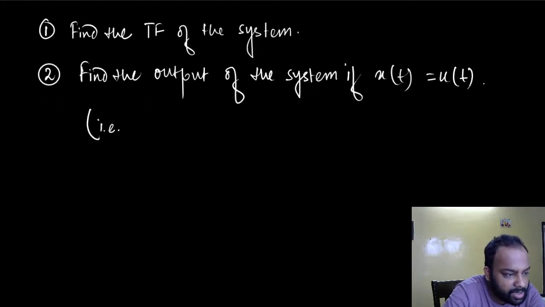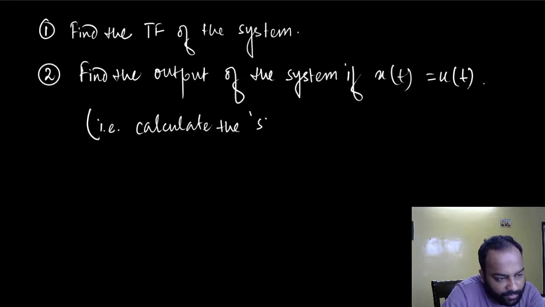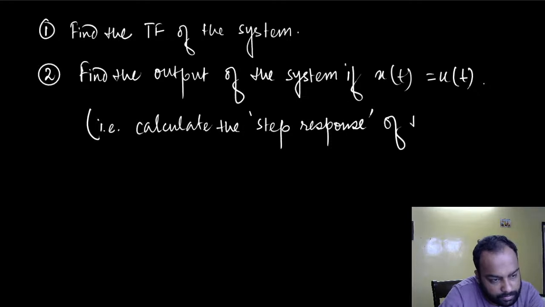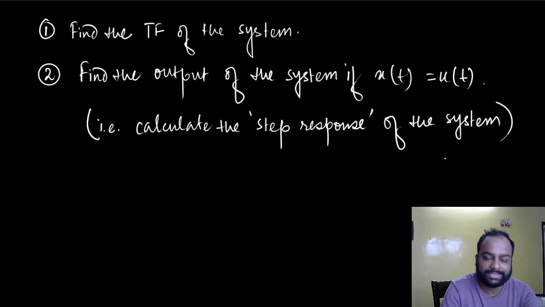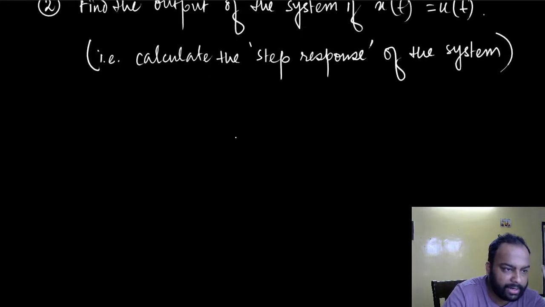That is, calculate the step response of the system. So again, you people know that. Step response essentially is the output of the system when the input is a unit step. So these are the two problems that we want to solve here.